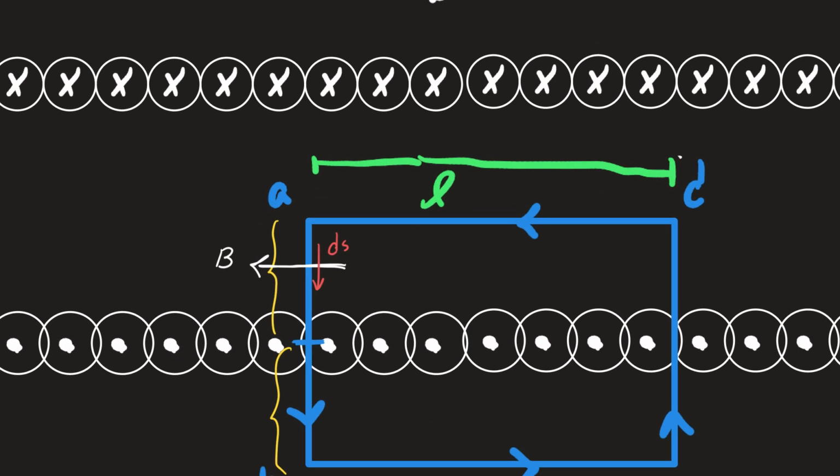Now, in going along the region from D to A, yes, because dot products are always cosine. So just a reminder that a cross product is sine and a dot product is cosine. But more importantly, the principle of the dot product is how much of the magnetic field is in the direction of your line integral.